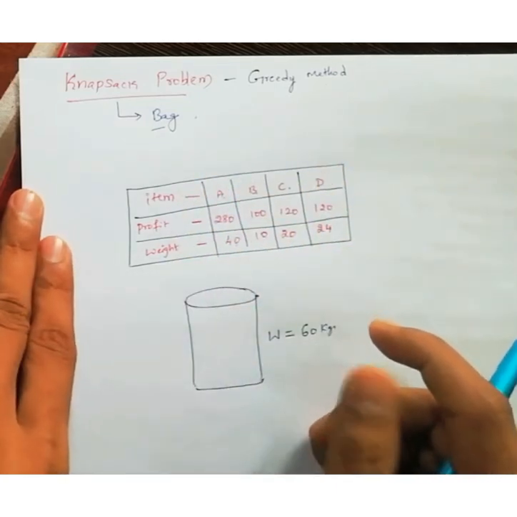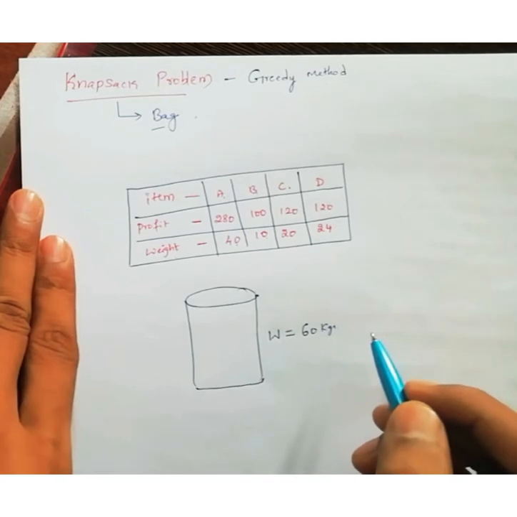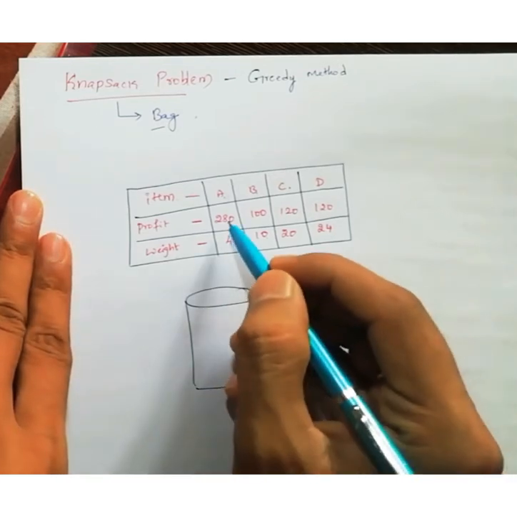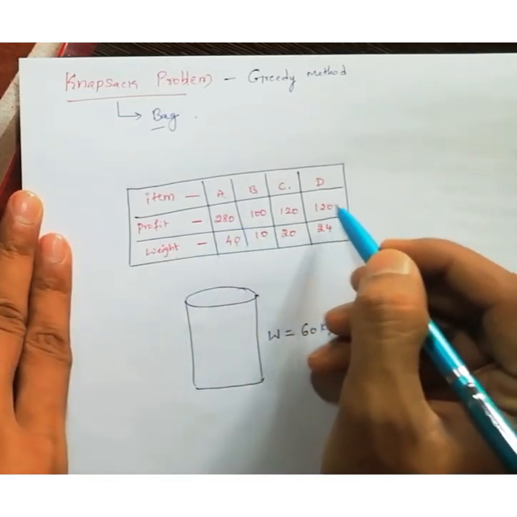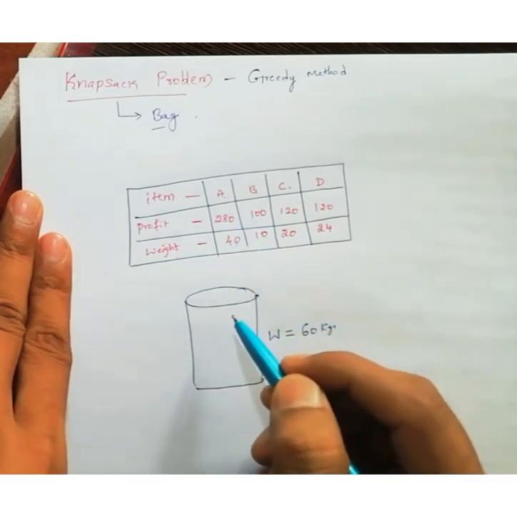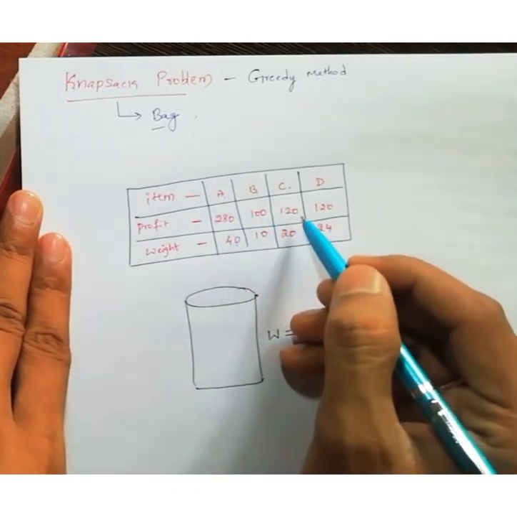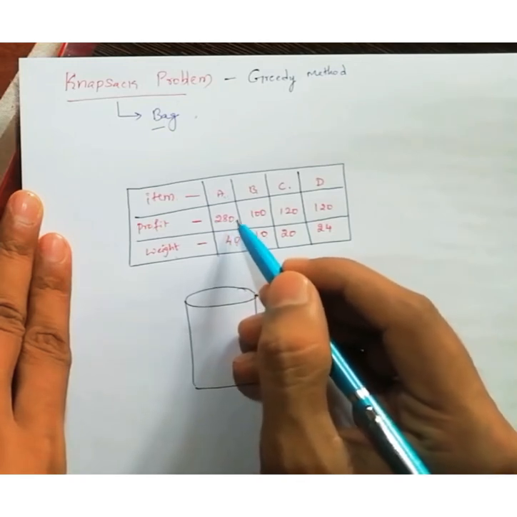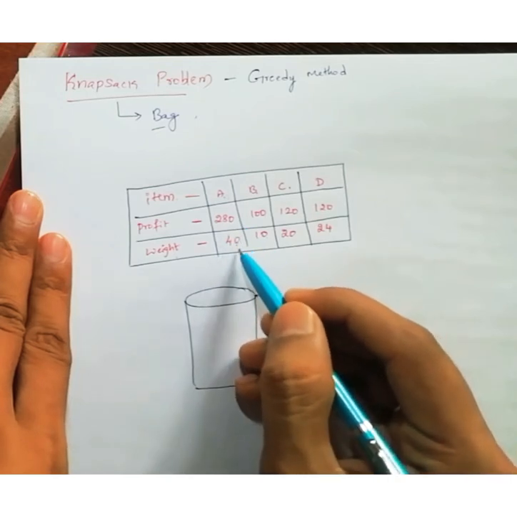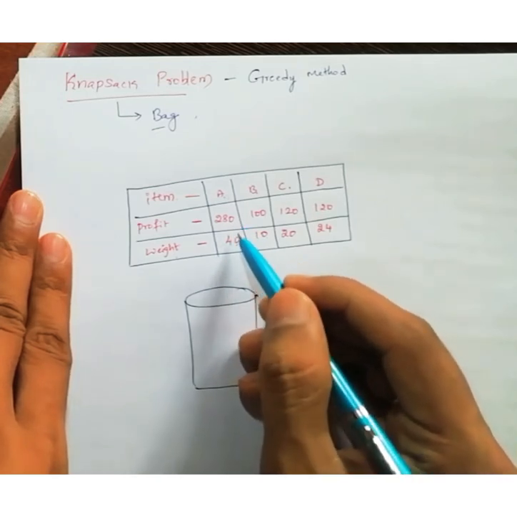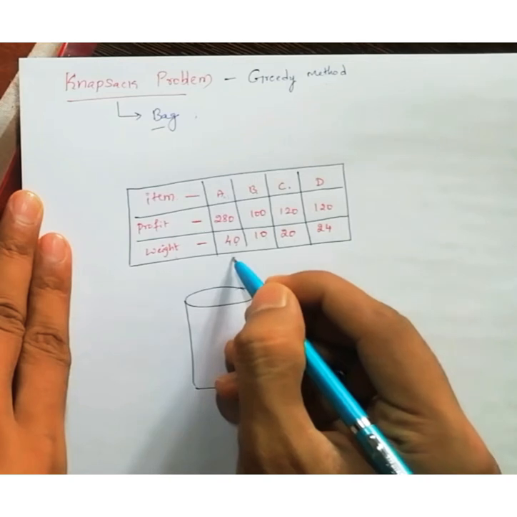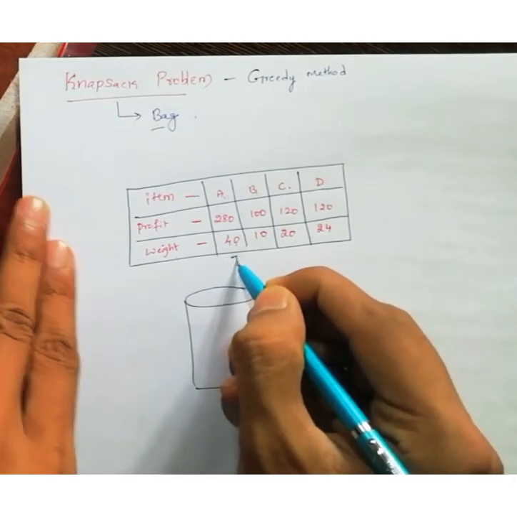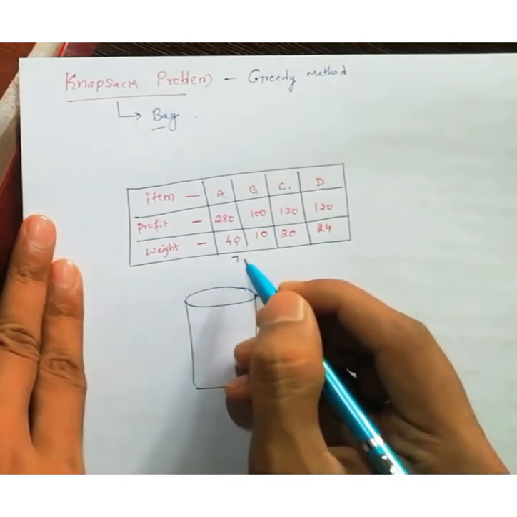First, we have to select items in such a way that we get maximum profit. Which item has the maximum profit? 280. But with 280 you will not get the maximum profit, because the weight of that item is 40. That means 280 divided by 40 gives 7, which is the profit for each kg.